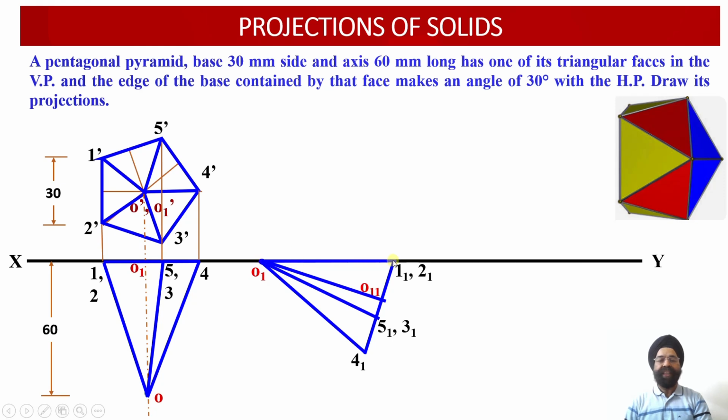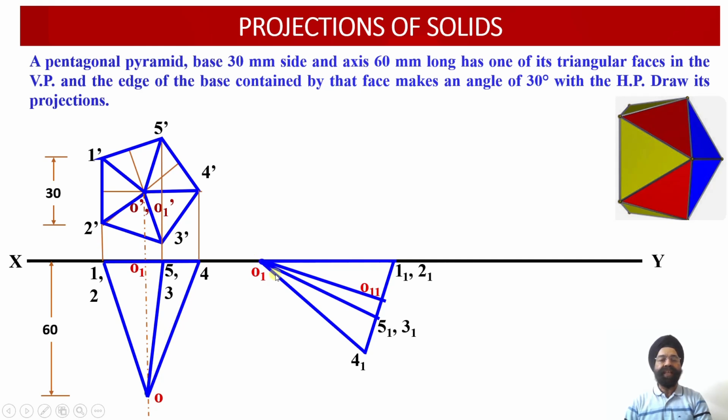So once we mark these 2 points, now you see we know this distance between 1, 2 and 4. We also know the distance between point O and 4. So from this point, that is from 1, 1 and 2, 1, we'll mark this distance, equal to the 1, 2, 2, 4 distance, over here. We are going to mark an arc. Similarly, from point O, we measure this distance O to 4 over here.